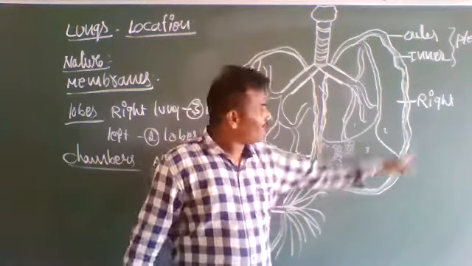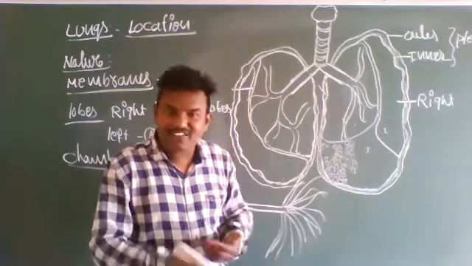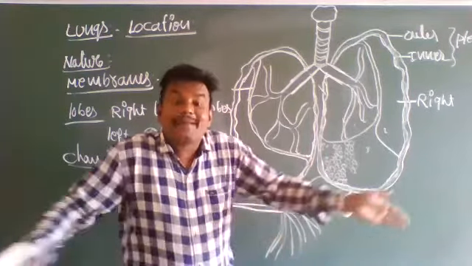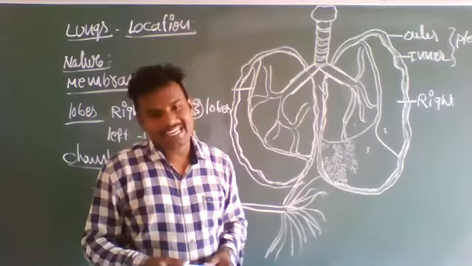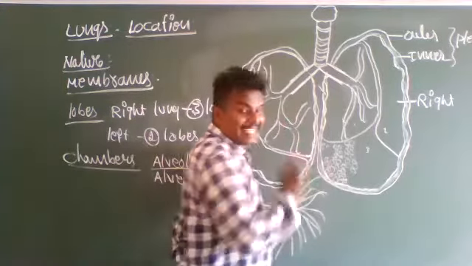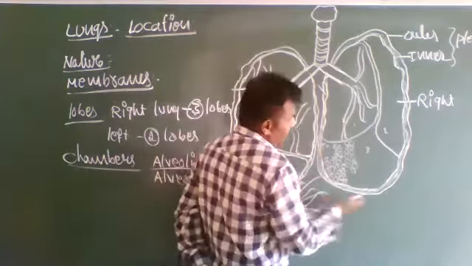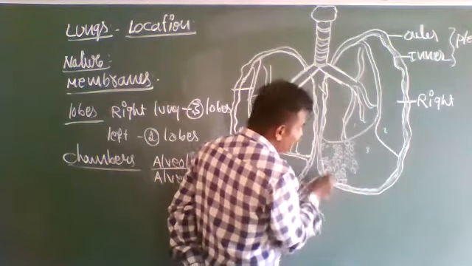In the walls of the lungs, this pulmonary artery divides, redivides and forms several blood capillaries. Those capillaries are connected from the exterior to the alveoli.